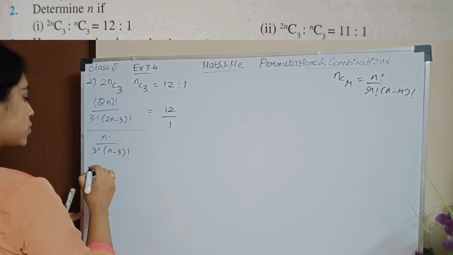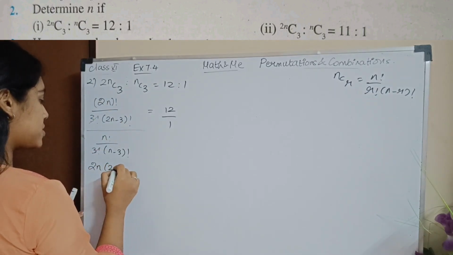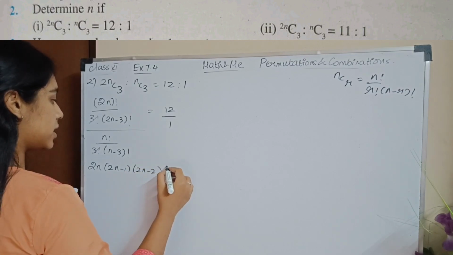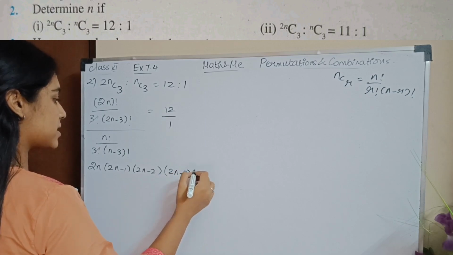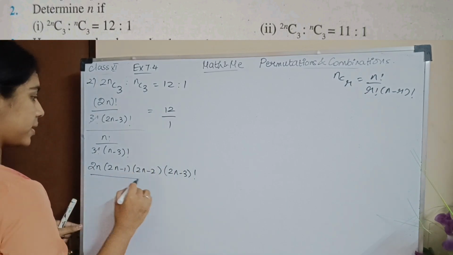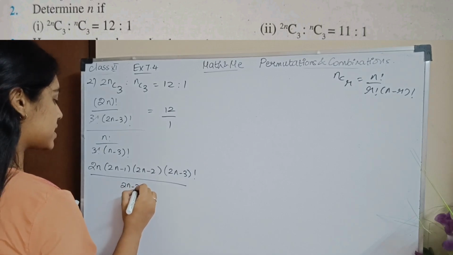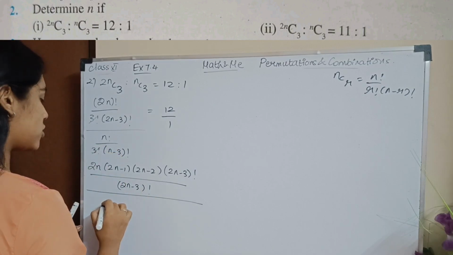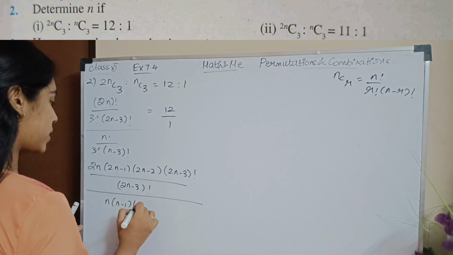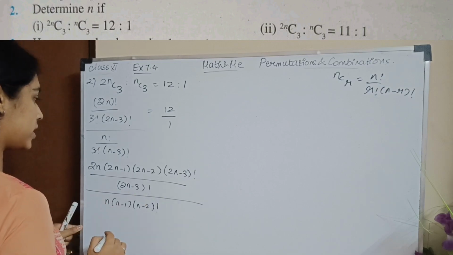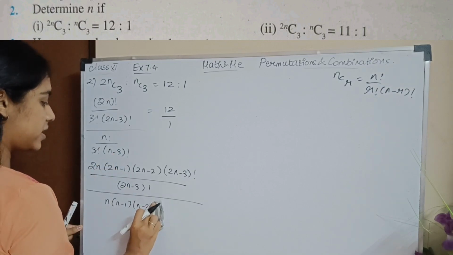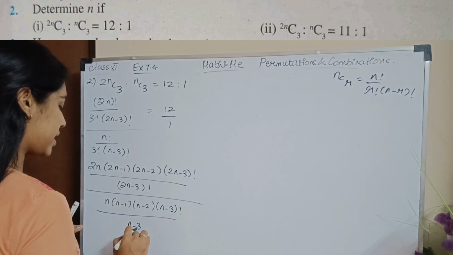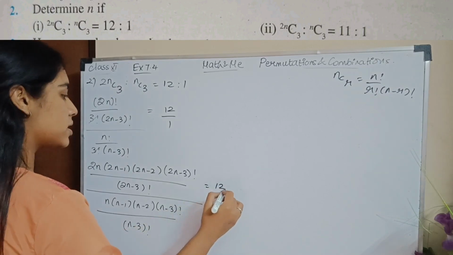So when I try to open this, what do I have? 2n times 2n minus 1 times 2n minus 2 times 2n minus 3 the whole factorial divided by 2n minus 3 the whole factorial in the denominator, the whole divided by n factorial, which can also be written as n into n minus 1 into n minus 2 into n minus 3 the whole factorial, divided by n minus 3 the whole factorial, equals 12 divided by 1.